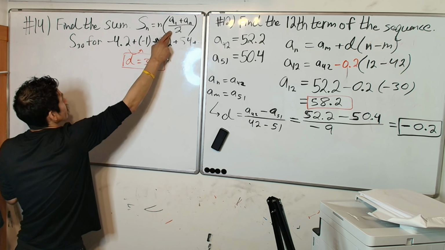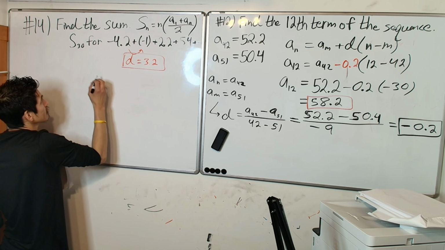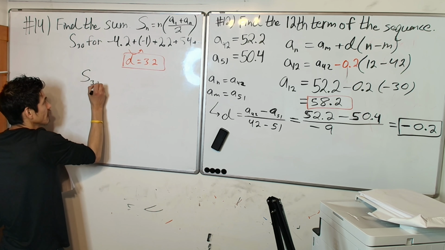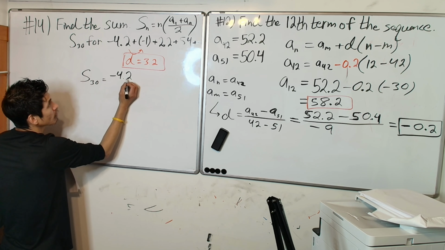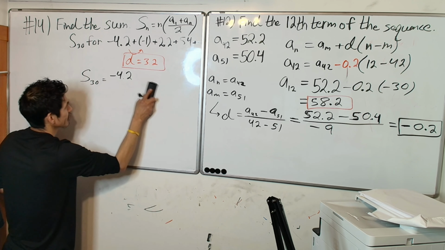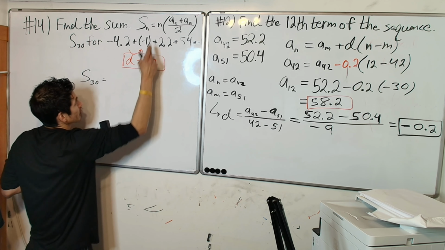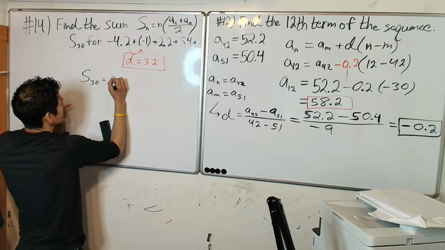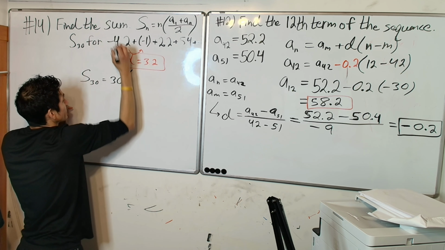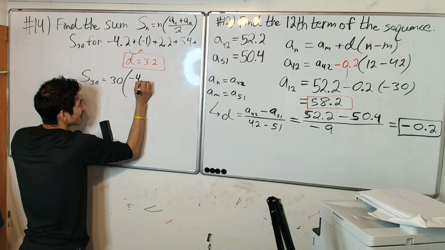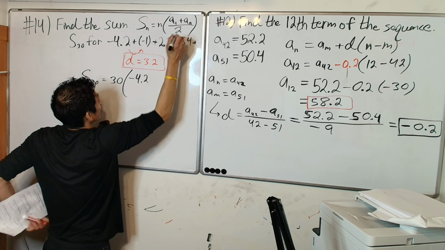Okay, so let's find A1. Found it, negative 4.2. Let me not jump ahead. Well, let's plug in the n first. The n is 30, so S30 equals 30 times a1, or negative 4.2, plus an.